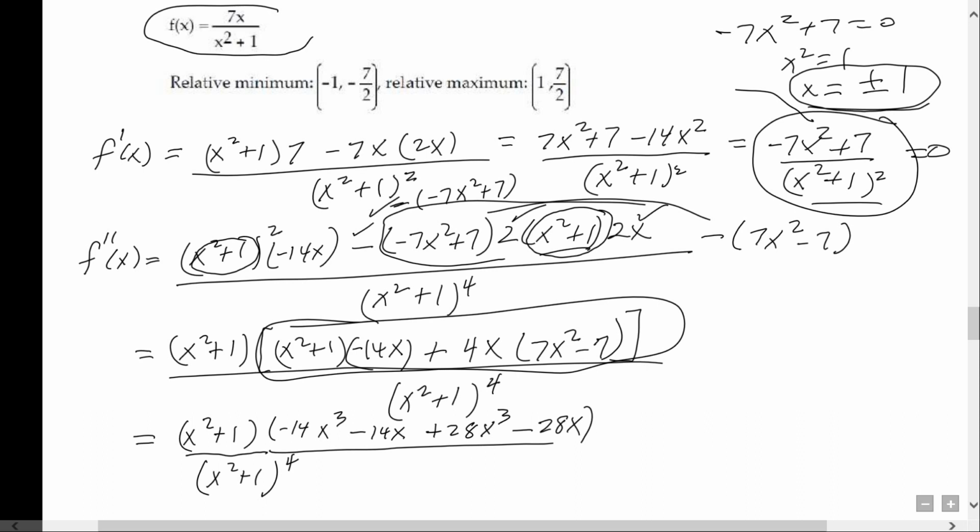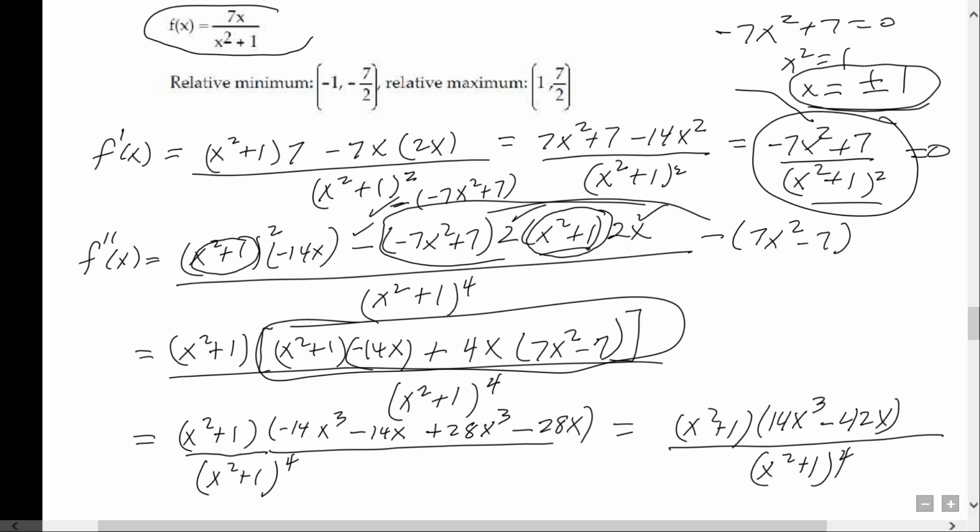And so we get x squared plus 1 times 14x cubed minus 42x, all over x squared plus 1 to the fourth power.